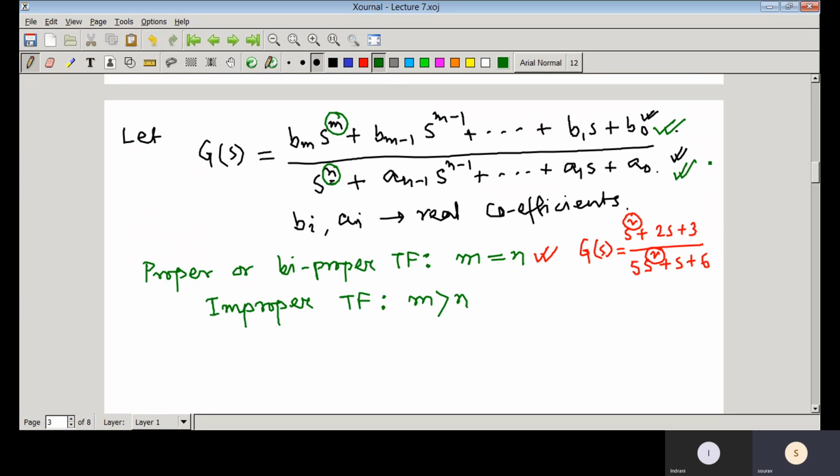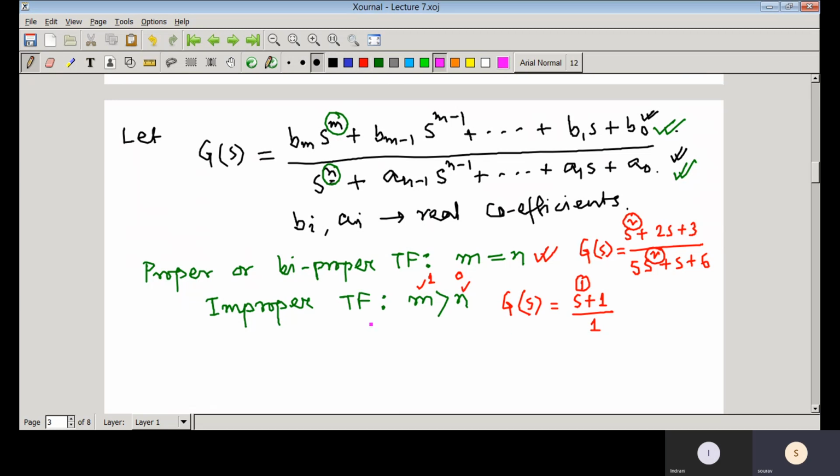For example, we can take G(s) equal to s plus 1, which we can write as s plus 1 by 1. In this example, the degree of the numerator polynomial is 1, that is m, and the degree of the denominator polynomial is 0, s to the power 0, so this is n. That means 1 is greater than 0, so that's why it is an improper transfer function.